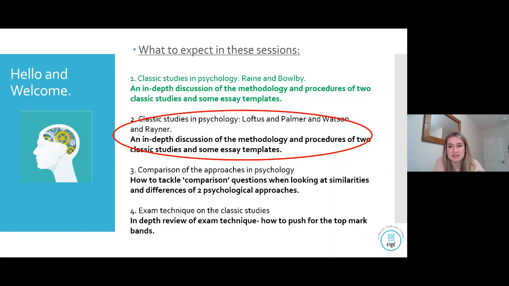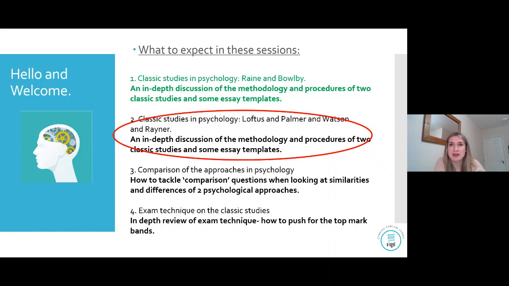We have got Loftus and Palmer from the cognitive approach and Watson and Rayner from the behaviourist approach. Again, we're going to have a look at an in-depth discussion of the methodology and procedures of these studies, and I'm going to give you some ideas on what to include and how to tackle an exam question on this.